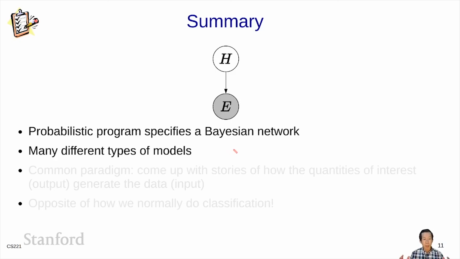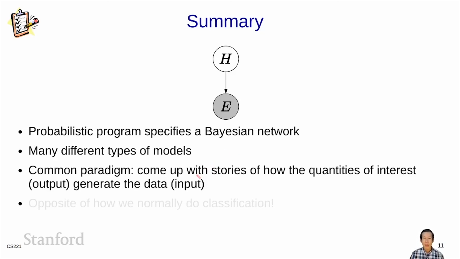But I want you to take away from this a general paradigm: you come up with stories of how quantities of interest, H, generate the data that you observe, E. So this is really the opposite of how you normally think about machine learning or classification, where you start with the inputs and then you define a sequence of operations to produce the outputs.